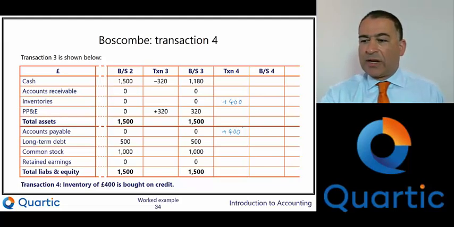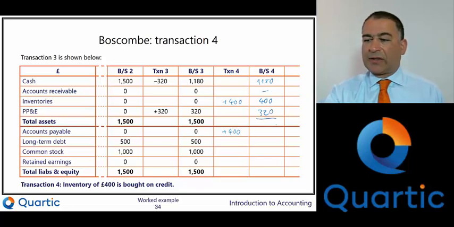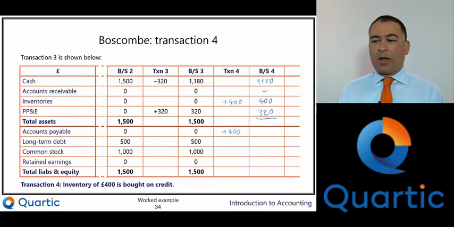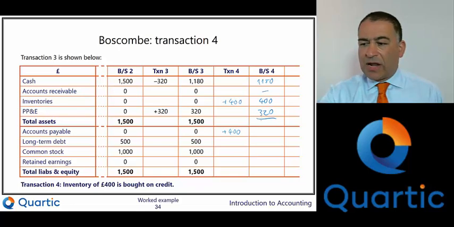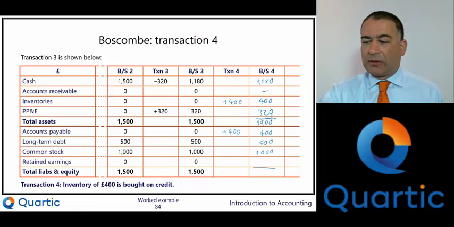So the balance sheet, cash hasn't been affected, so 1,180. We have no receivables, we've got inventory of 400, PP&E of 320, total assets are now, well, they've gone up by 400, so it's now 1,900. On the liability side, we've got 400 payables, 500 debt, 1,000 equity, no retained earnings, total 1,900.